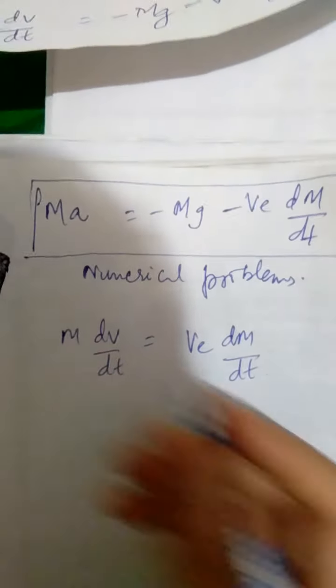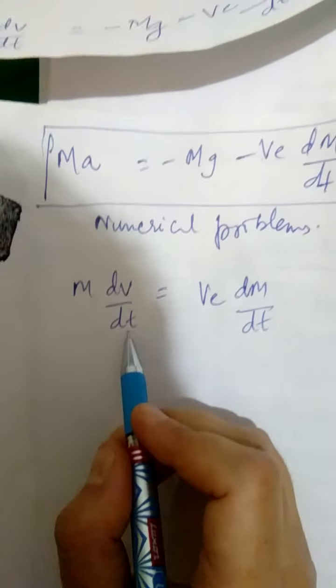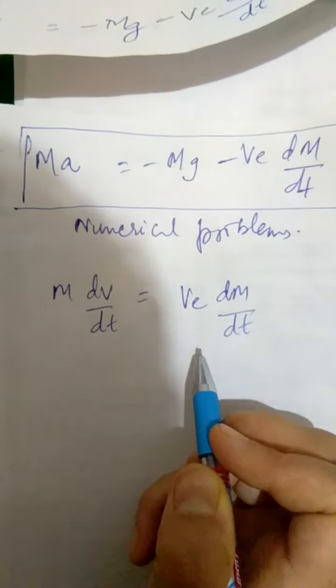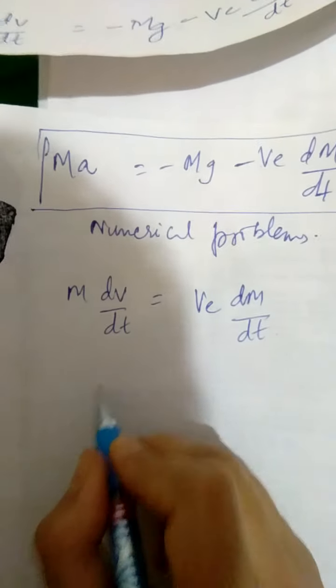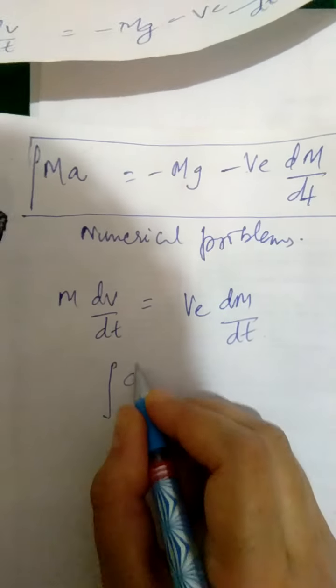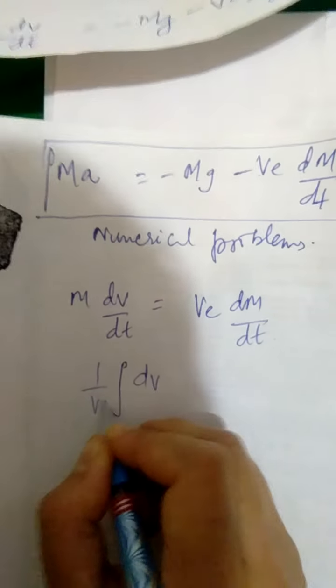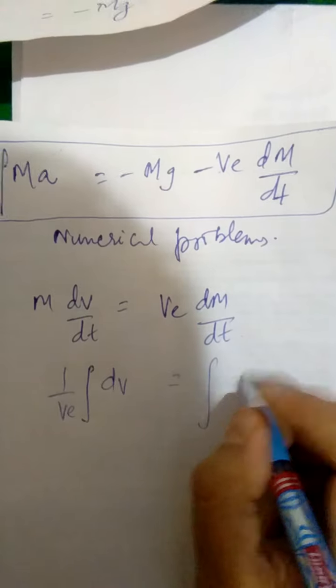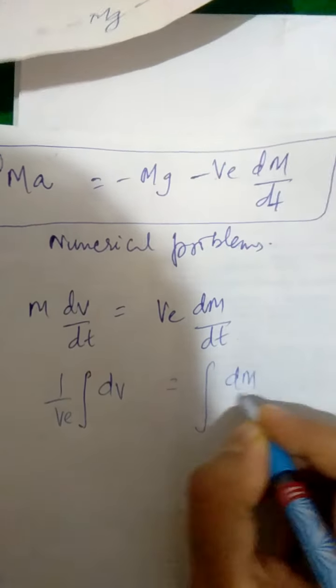Now let's carry forth the discussion from here. We see that dt and dt virtually cancel, right? So we are left with, and we can choose to integrate, dv times 1 by Ve is equal to integral dm by m.